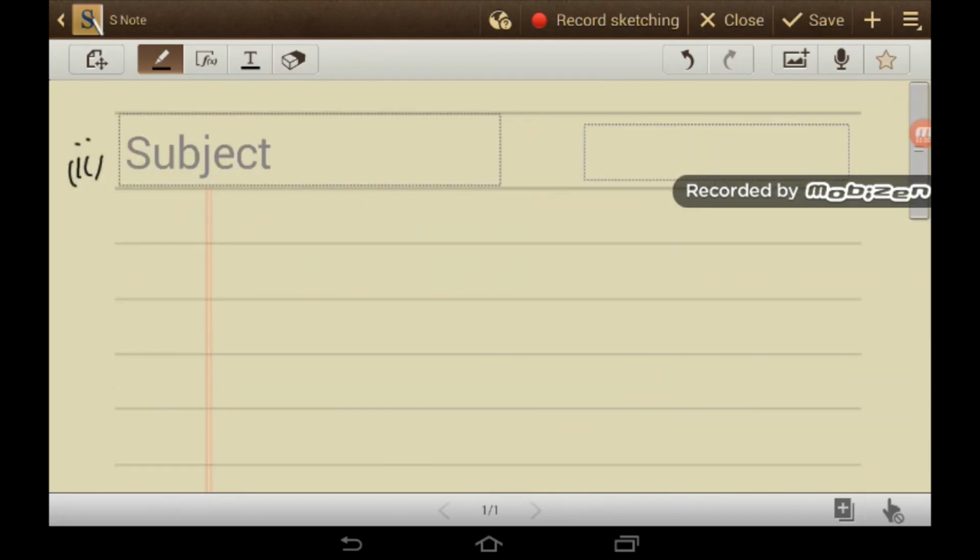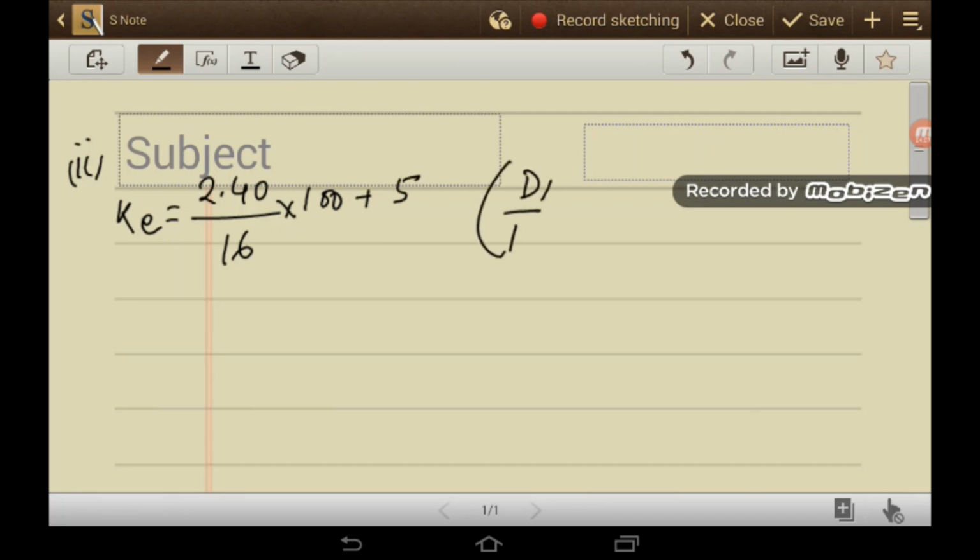Now in the next problem, Ke again you have to calculate. D1 is given at 2.40, but your P0 changes to rupees 16, and the growth rate remains the same. So D1 is 2.40, P0 changes to 16 rupees and G is equal to 5%.